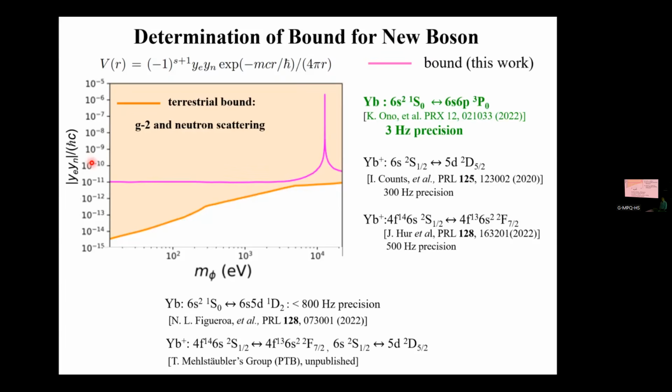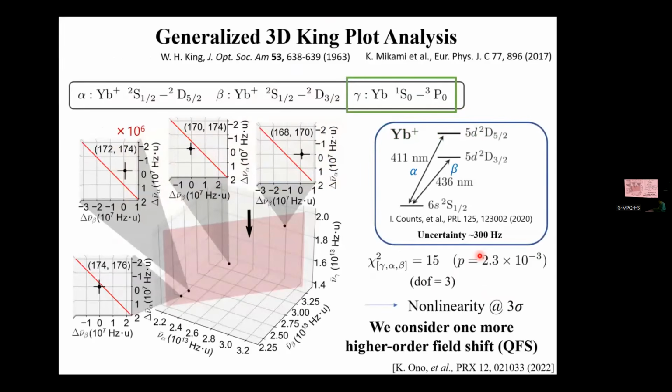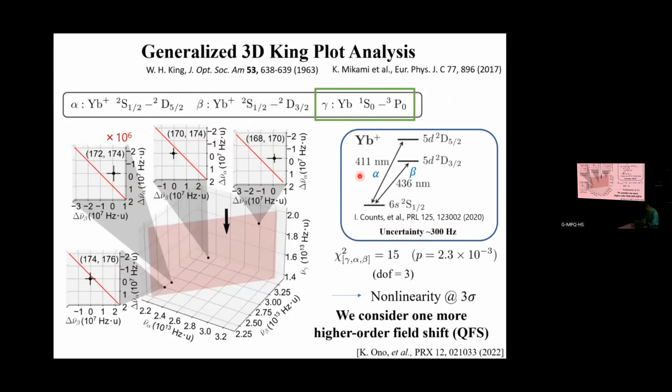Any more questions? Why is it slightly different from the plot in your paper? We use the more recent data by MIT for a different transition. In this paper we use a different transition, and at that time we did not know the newest data. Which data are you quoting for the newer plot?